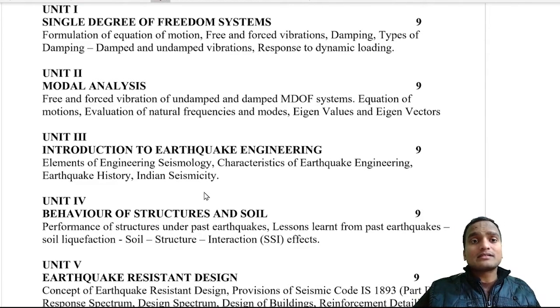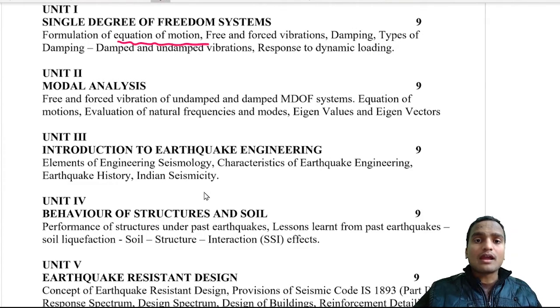So all these degrees of freedom are considered, but in unit 1 we are going to consider only those systems which have a single degree of freedom. That means there are going to be equations of single variables. Okay, so we are going to formulate those equations of motion.